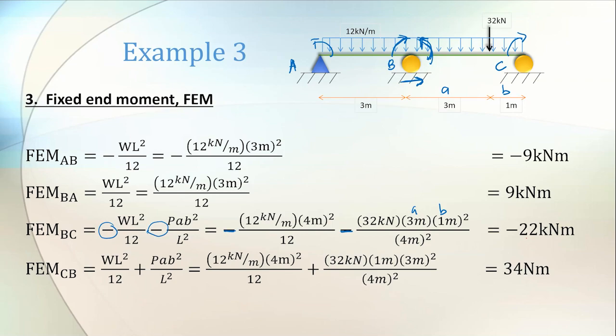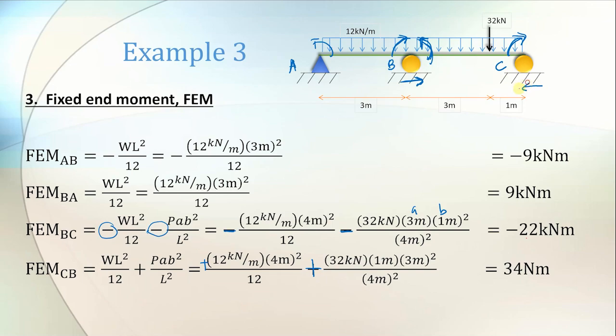Then I kira for CB sama je for WL square over 12 except that this one is clockwise. So that's why dia plus. So here plus and this one also plus. 12 kilonewton per meter times 4 meter divided by 12, okay. And then for the point load, the difference is value A and B ni because this one 1 meter we're going to look at from CB.